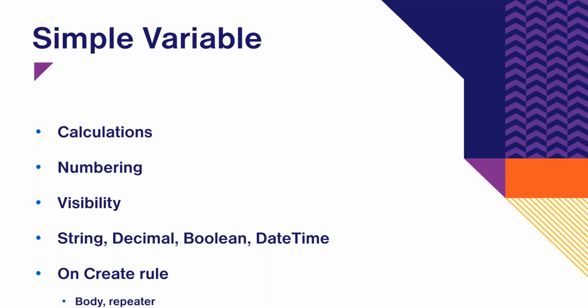So the onCreate rule basically runs for each of the elements in the repeater. So if you have 10 associated records, for example, in a repeater, the rule will be executed 10 times. So you can imagine what the possibilities are. If not, we will get to them.